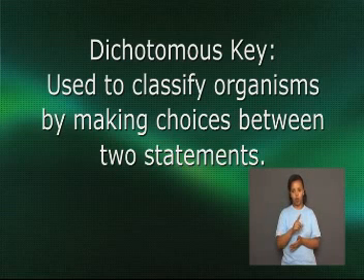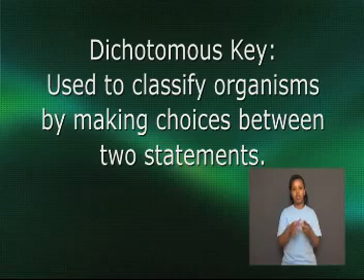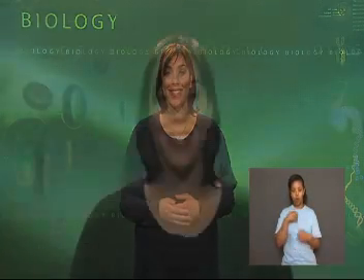Di means two, and cotomous means branching. When we use the dichotomous key, organisms are classified, choosing the statement that best describes the organism's external features. Shall we practice this method of classifying organisms?